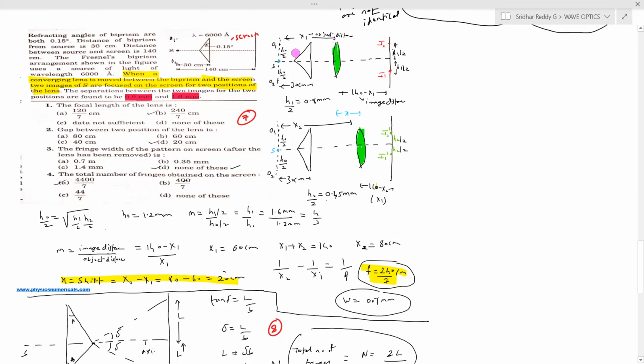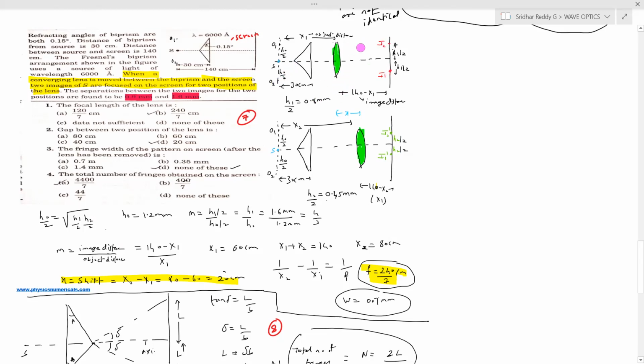What do you mean by this? Say one thing: first there's a source. What the biprism will do is produce the images of that particular S, and those are O1 and O2. What the convex lens will further do is produce the image of O1 at I1 and the image of O2 at I2.